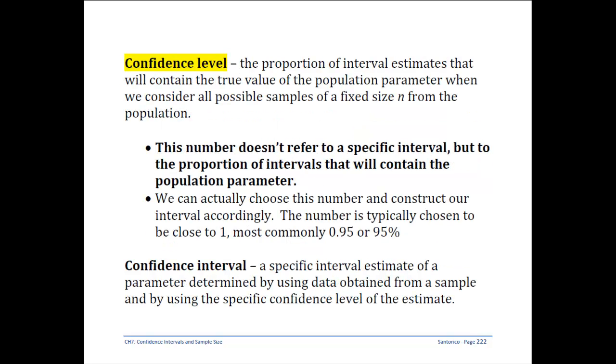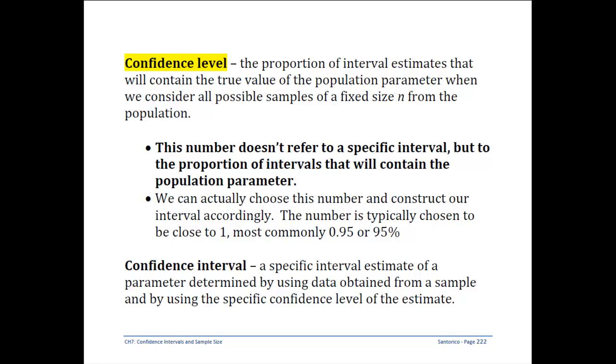The confidence that we have in our intervals is called a confidence level. This is defined to be the proportion of interval estimates that actually contain our true value when we consider all possible samples of that size that we can take from our population. This is kind of a tricky concept in that it's actually talking about the process.